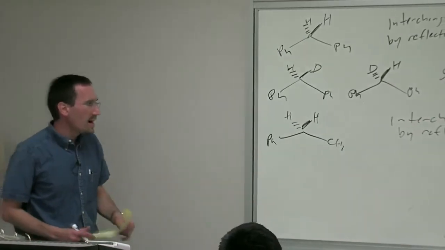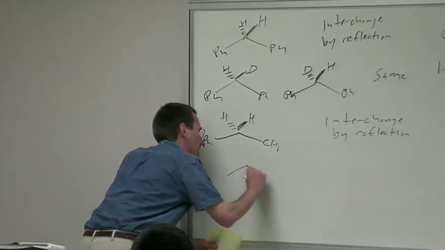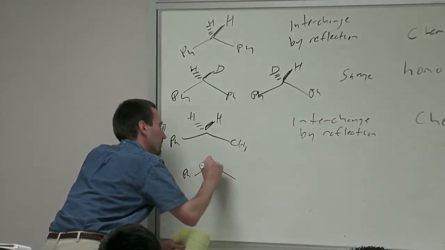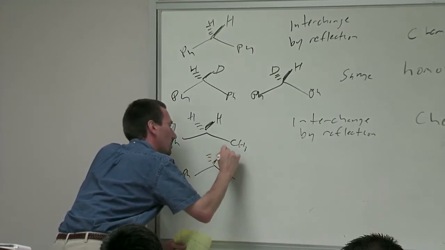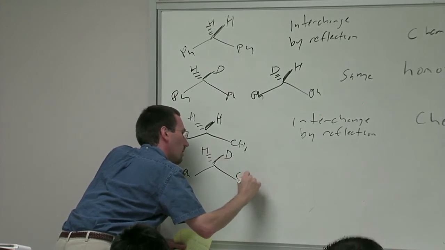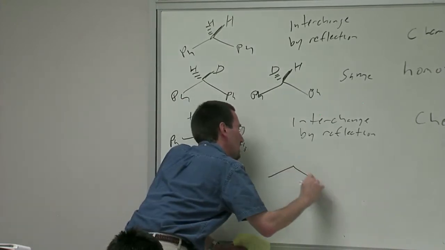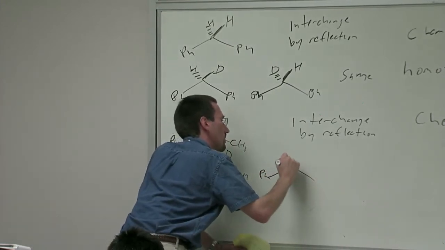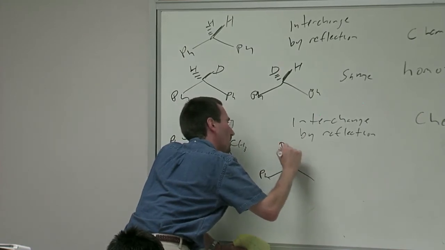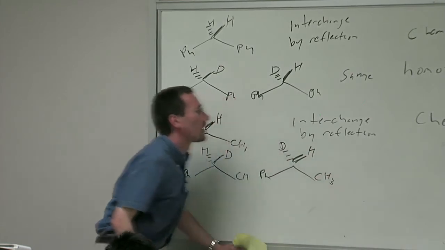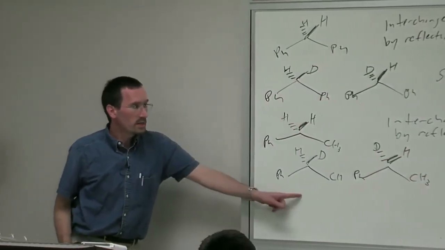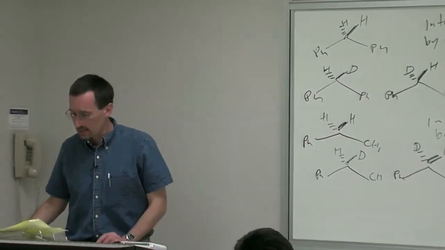All right, let's try our little Gedanken experiment here. We replace one by a deuterium, and we replace the other by a deuterium. And now, these two molecules, are they the same?